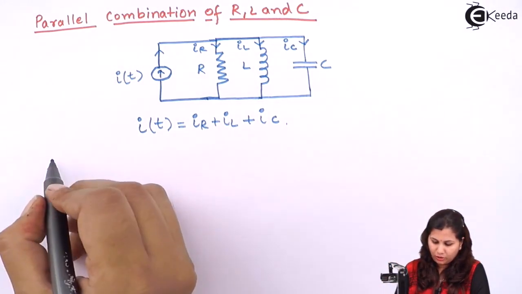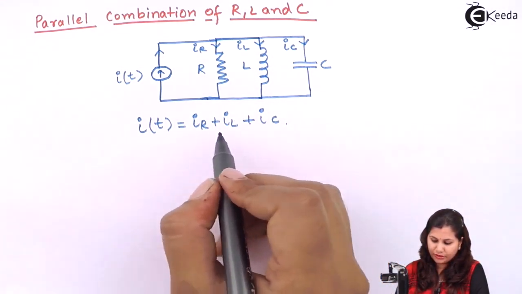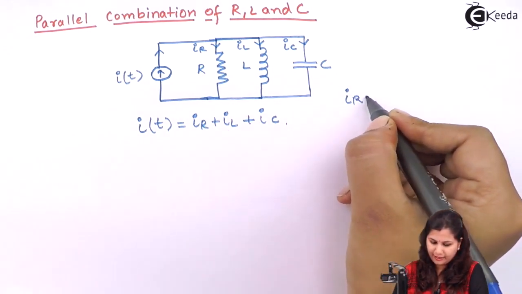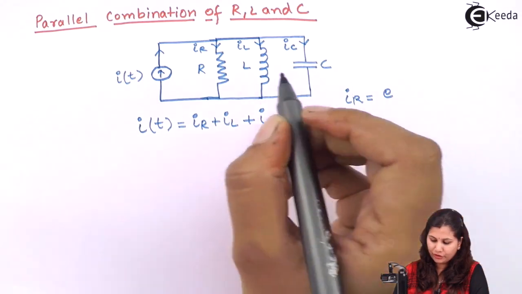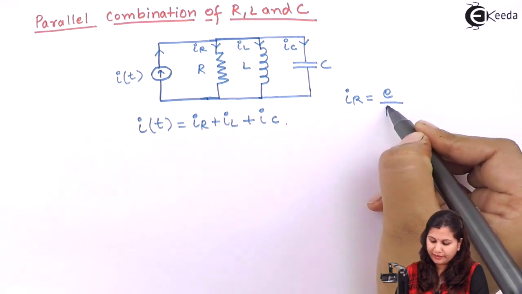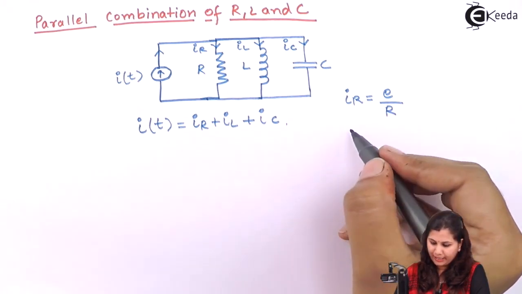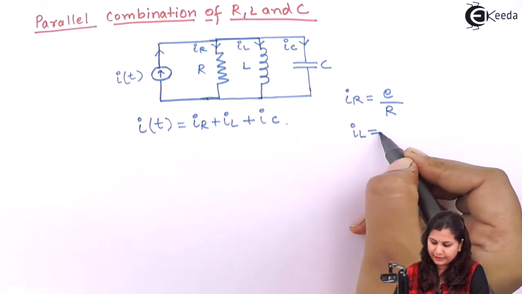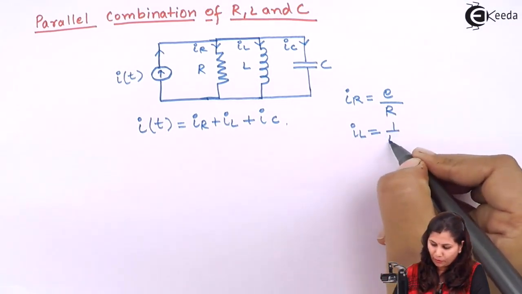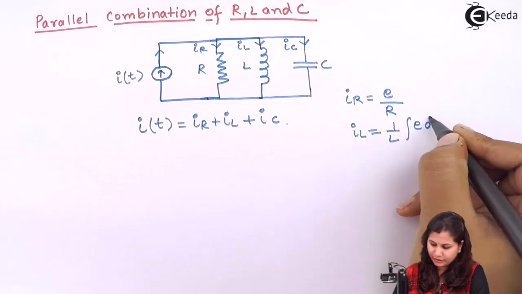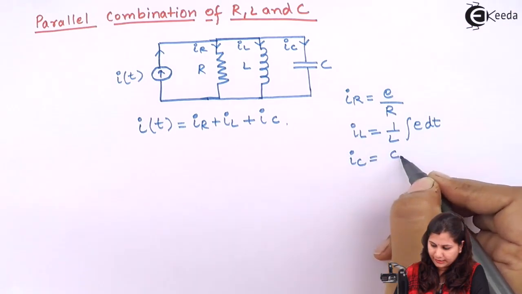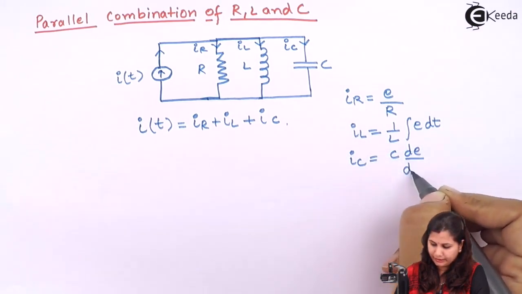Or if we write the values individually, let us see what is IR. IR is the voltage across the resistor E divided by the resistance R. And for IL, that is the current across the inductor, we will have 1 upon L integration E dt. And IC will be C dE by dt.